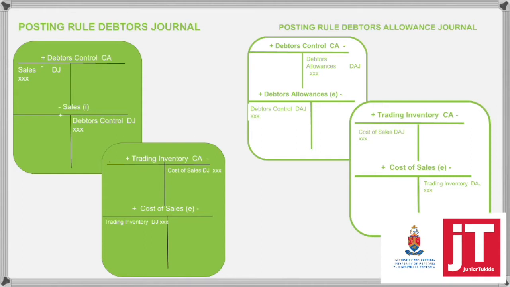So we'll credit debtors control with debtors allowances, debit debtors allowances with debtors control, and then the stock is returned, so debit trading stock, cost of sales, debtors allowance, and credit the cost of sales, reversing the cost of the sale because there was no cost or no sale.